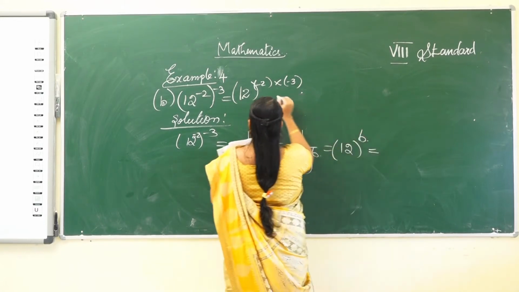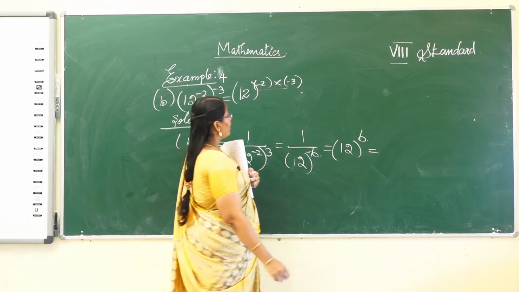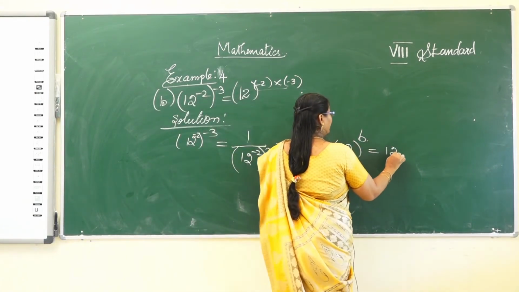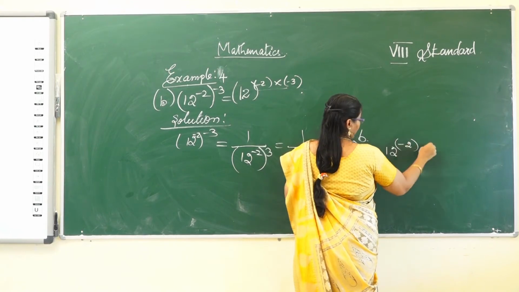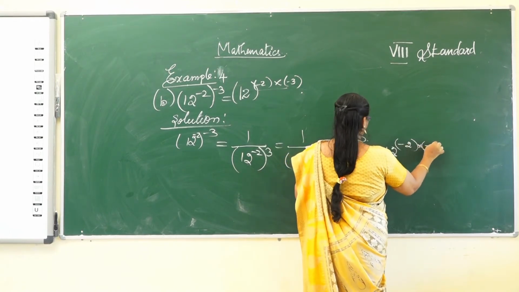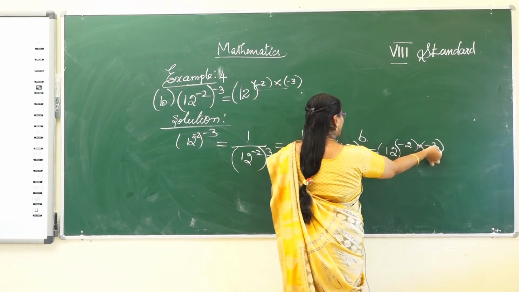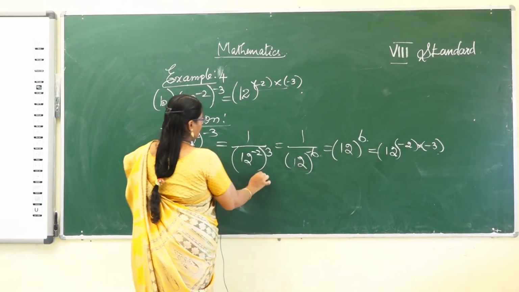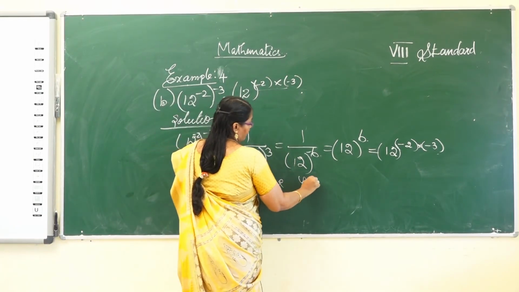We need to write it in the form of 12 power minus 2 into minus 3. So minus into minus is plus, and 2 3s are 6. Hence verified.